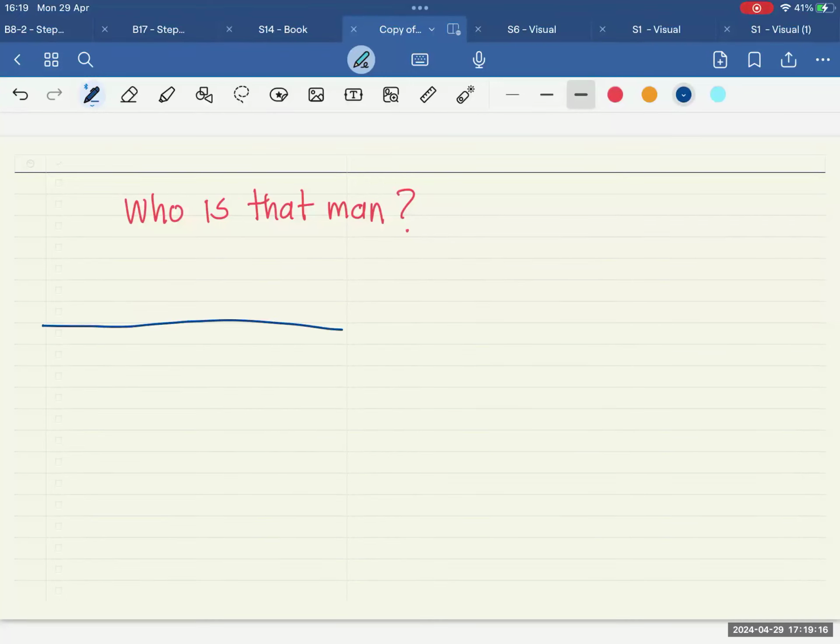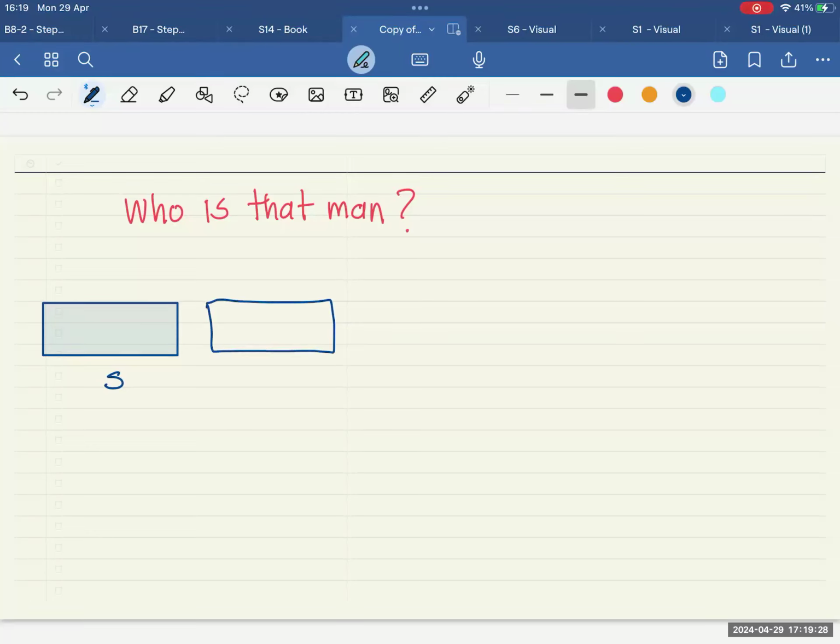So I need, look at this, well, I'm gonna do it differently. I'm gonna need my subject. I'm gonna need my verb. I'm gonna need my complement. I'm gonna need my connector subject.